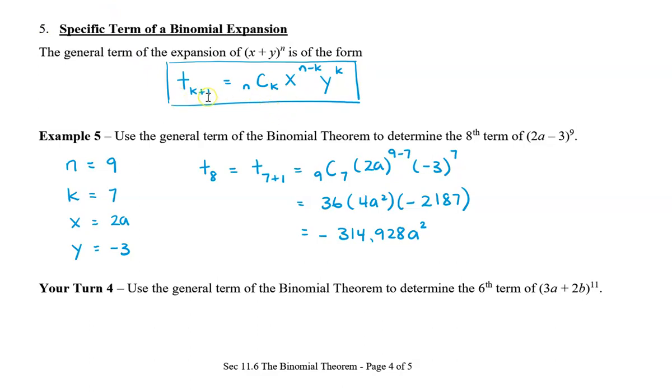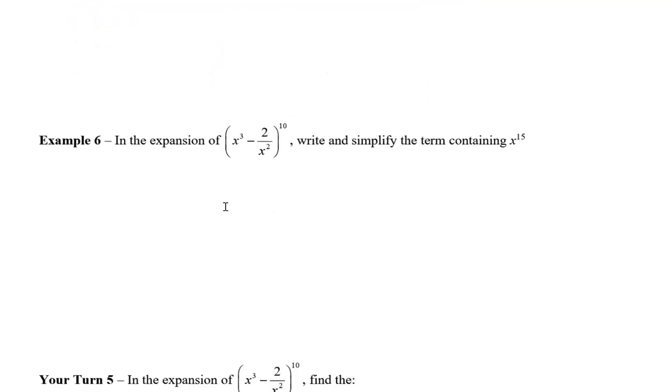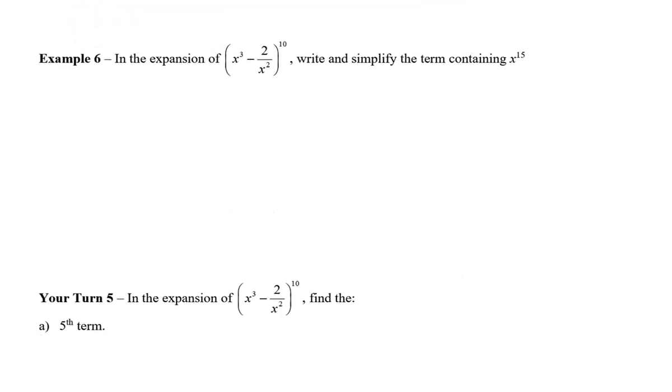So this is how you use the general term to find any term in the binomial expansion. Let's take a look at a different type of example. In this question, in the expansion (x cubed minus 2 divided by x squared) all to the power of 10, I want you to find the term that contains x to the 15th.